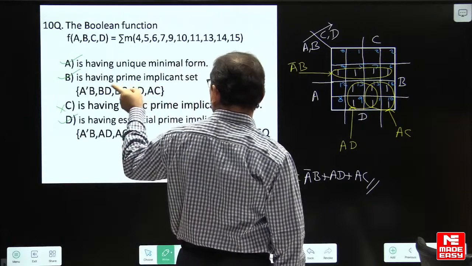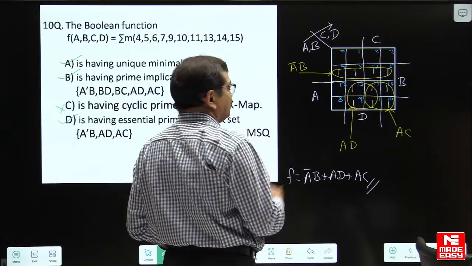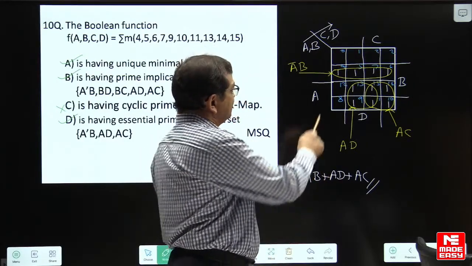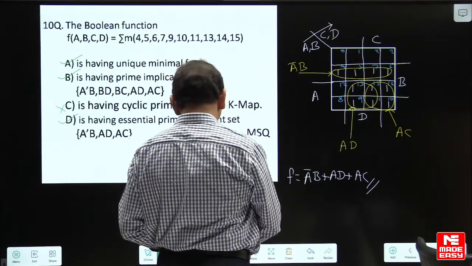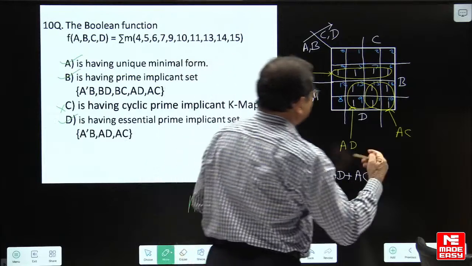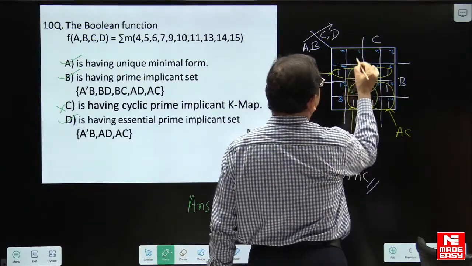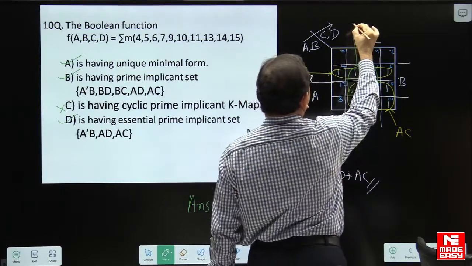And he's mentioning prime implicants and essential prime implicants. Let's look at which are the prime implicants, which are the products, which are the essential prime implicants. Apart from this, we are having the subcube products. We are having the possibility of this 4 cell subcube, whose product we are reading as BD.